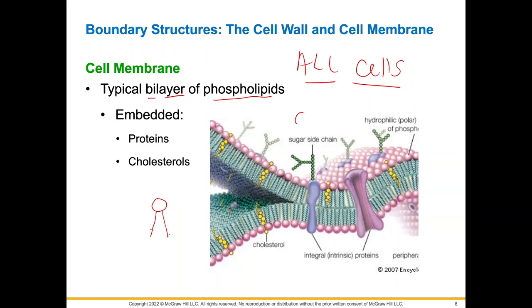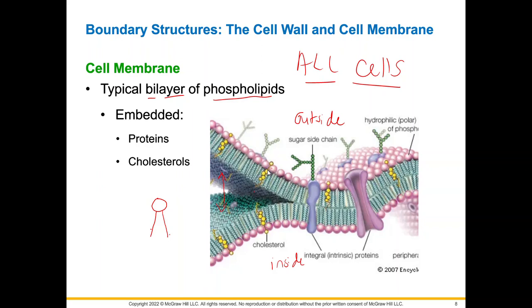So here would be the outside of the cell, here would be the inside of the cell, and we can see this skin of the cell, if you will, is made up of these phospholipids, a bilayer where the tails are facing one another and they're sandwiched by the heads. This right here is just separating it, showing it to you, but of course this would all be condensed in reality.